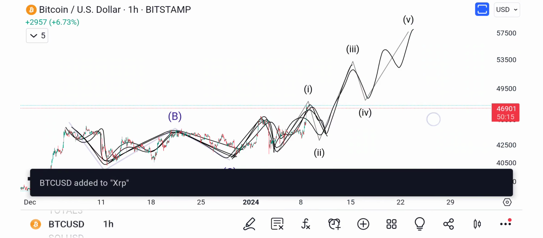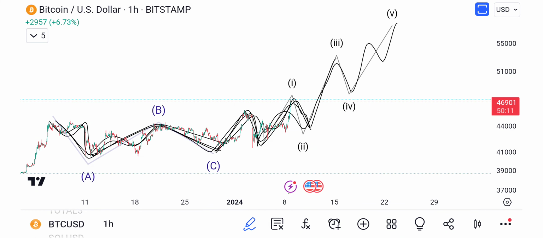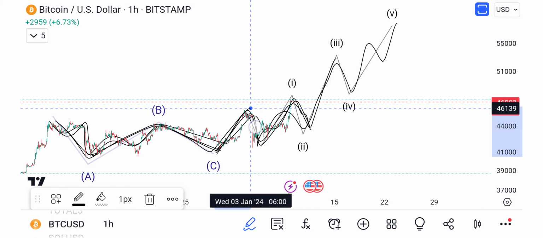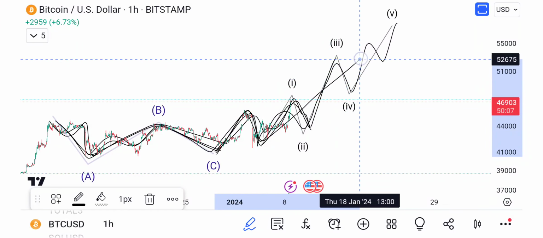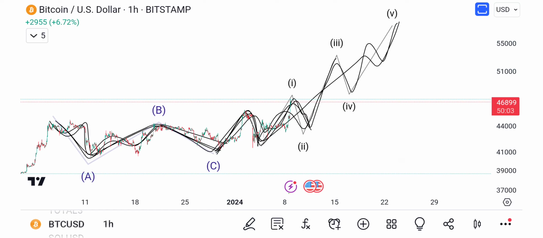And then in between that, we have a 1, 2. All of this is 3 up in here, and then 4, 5. So that would be idea number 3. So there you go. I got 3 ideas for you. All of them say, hey, we got a little more upside to go.